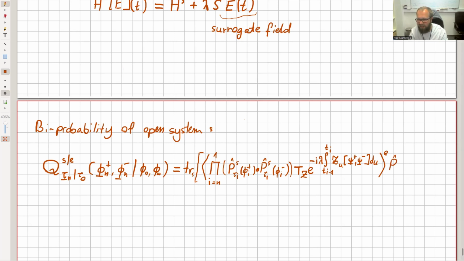And the last element is the tau 0, phi 0, the initial condition. So this is what we identified in the previous lecture as the by probability for the system open to the environment, where the coupling comes from the dynamical variable z, and you have the averaging over the by trajectory of environment psi.